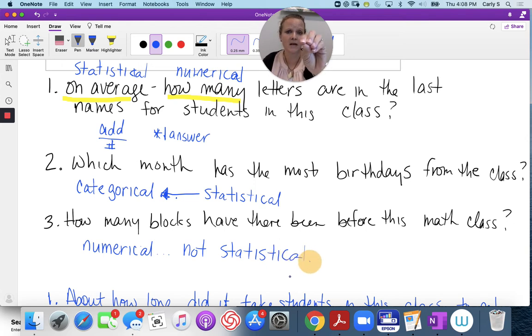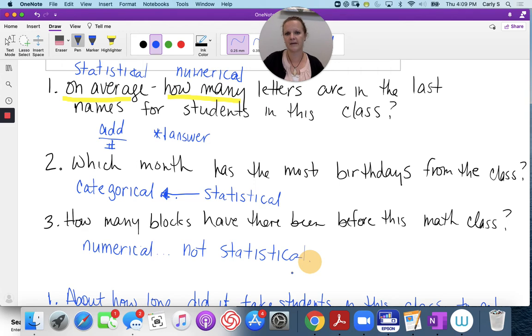So in your math class, how many blocks were before it? If you have math third block, 2 blocks before it. If you have math fifth block, everybody in the room is going to have 4 blocks before it. So it's not statistical. It is numerical. There's a number assigned to it that could be ordered in a natural way, but it's not statistical.